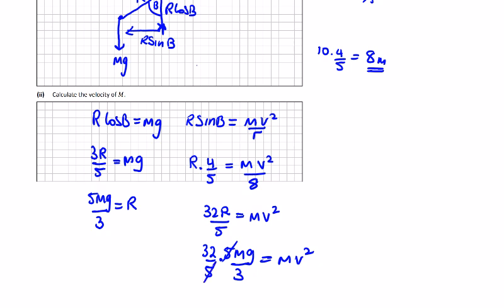The 5's cancel. We divide by m, we're going to get v is equal to, we're just left with 32g over 3, the square root of 32g over 3 meters per second. As a decimal, let me just check this. I'll leave it like this.